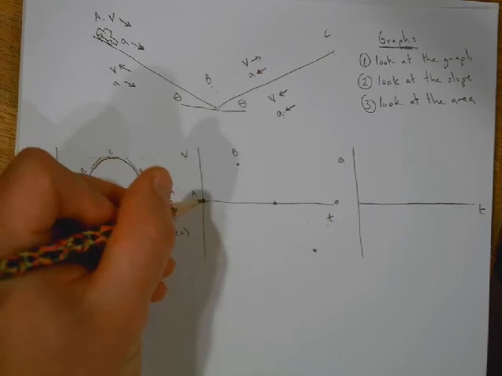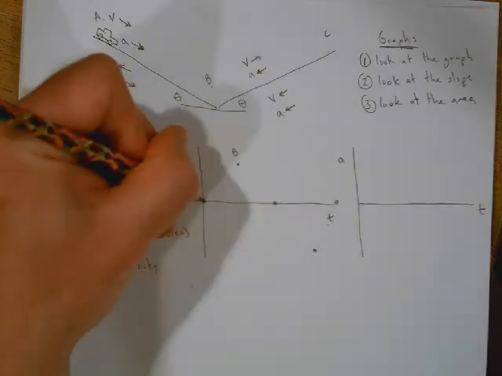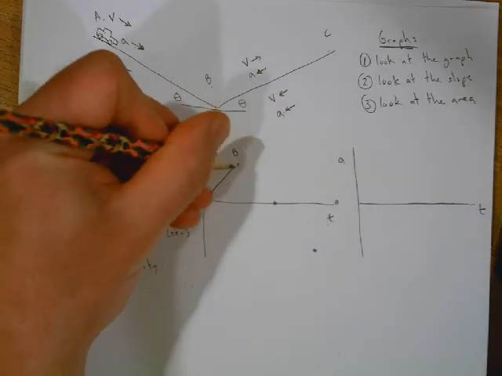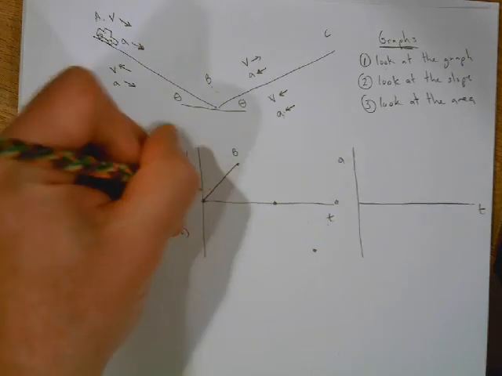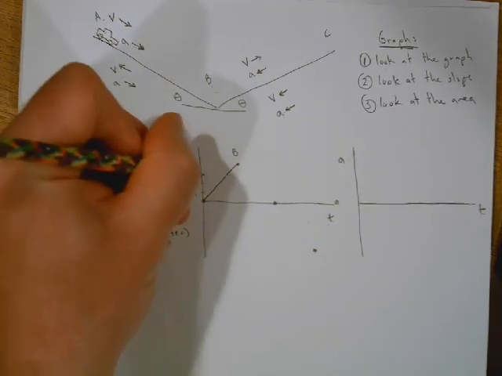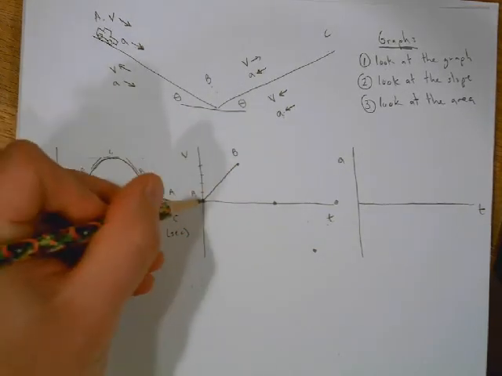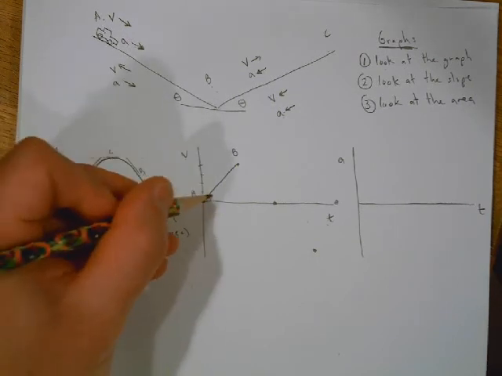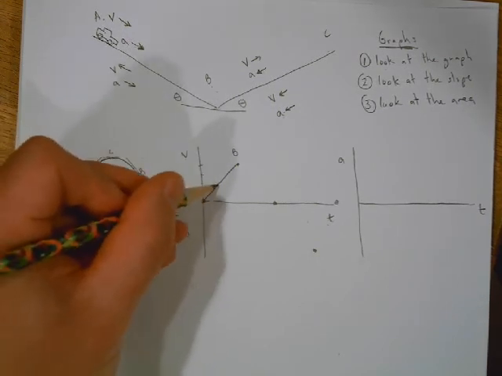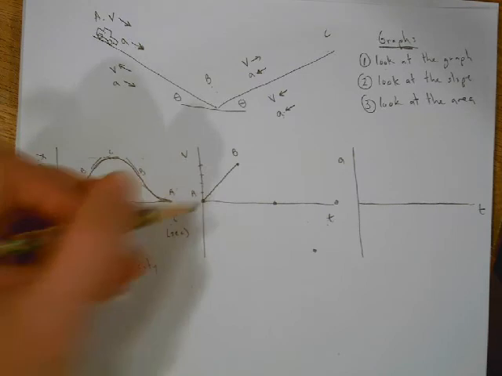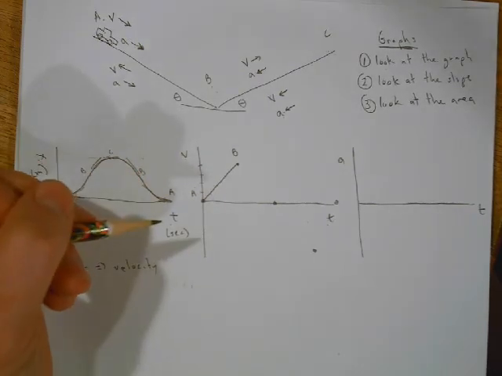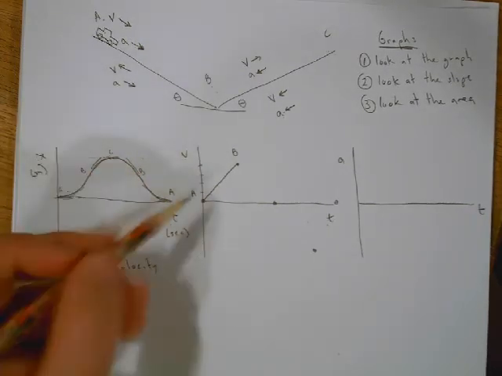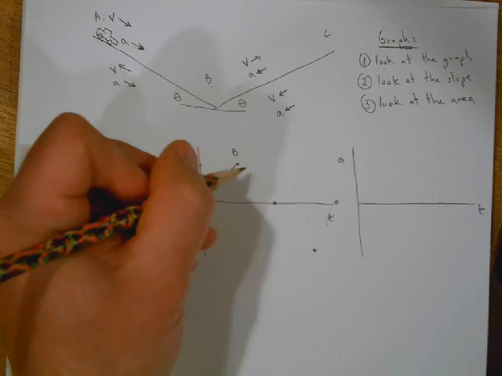The other way you can think of it is, think it through. Well, I'm starting from rest. I'm speeding up going forwards. If I'm speeding up, if you imagine numbers, 0, 1, 2, 3, 4. Hey, look, I sped up. That is speeding up.